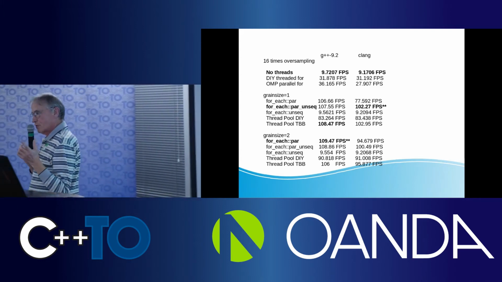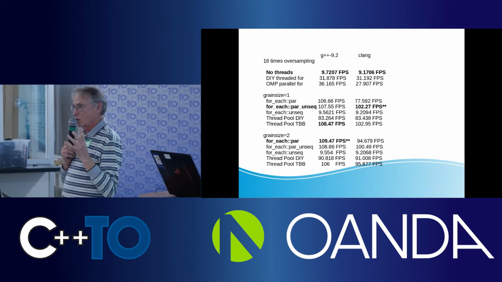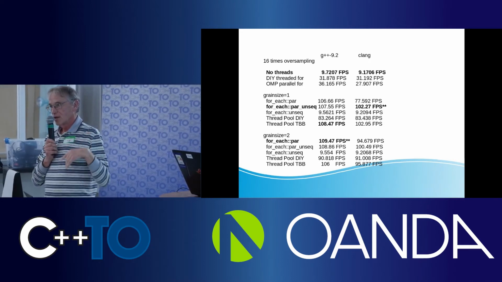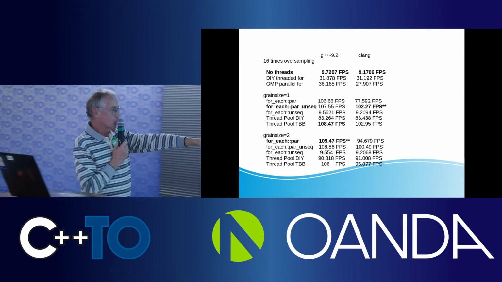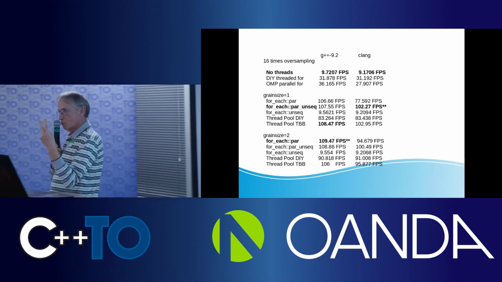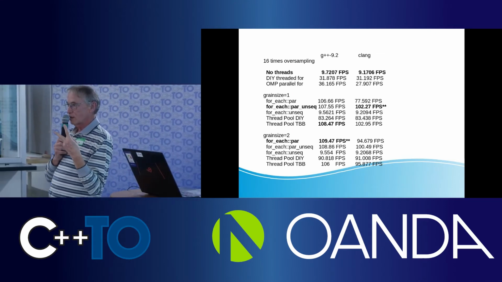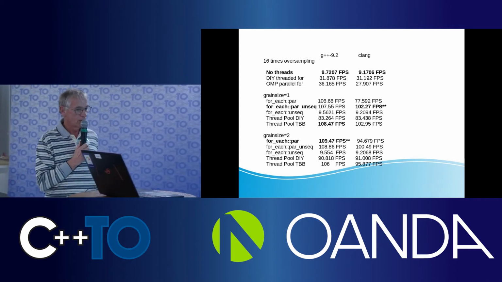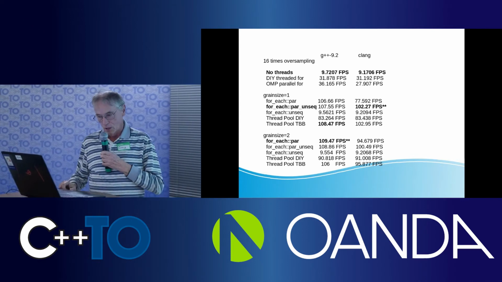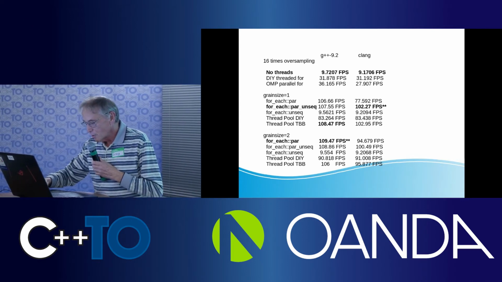So for doing the graphics image, that's 1 scan line per thread, and then it goes back to the thread pool and picks up the next scan line. If the grain size is 2, then that's 2 scan lines per thread. So each thread does 2 scan lines, then goes back to the thread pool and is assigned another pair of scan lines.